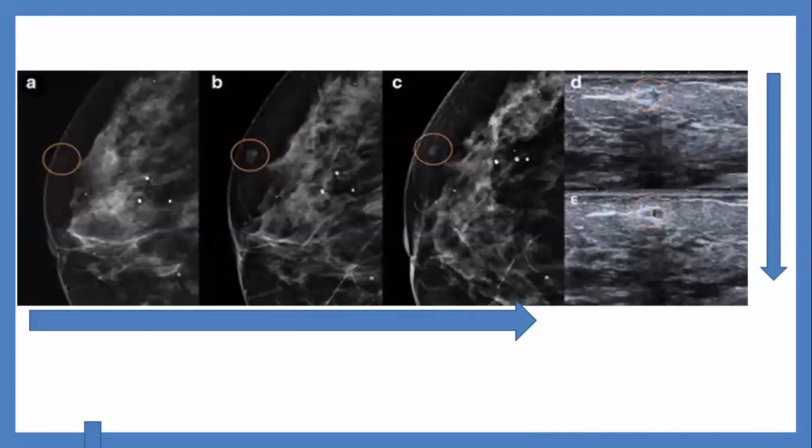Then the follow-up mammogram B showed that the lymph node became larger in size, more dense, but it preserved lobulated shape with preservation of its slit-like fatty hilum.